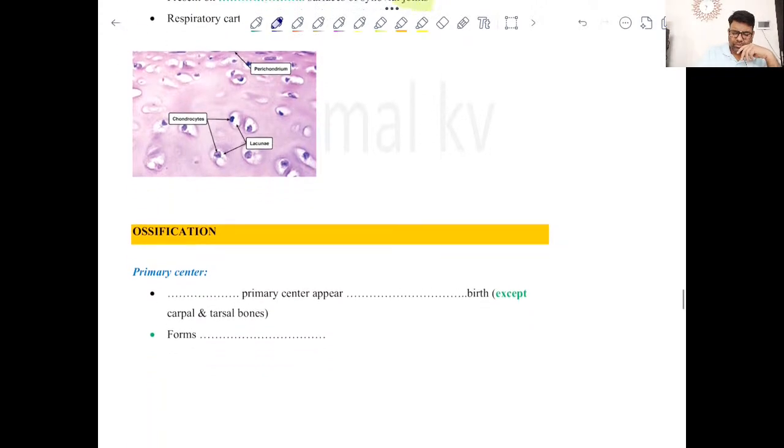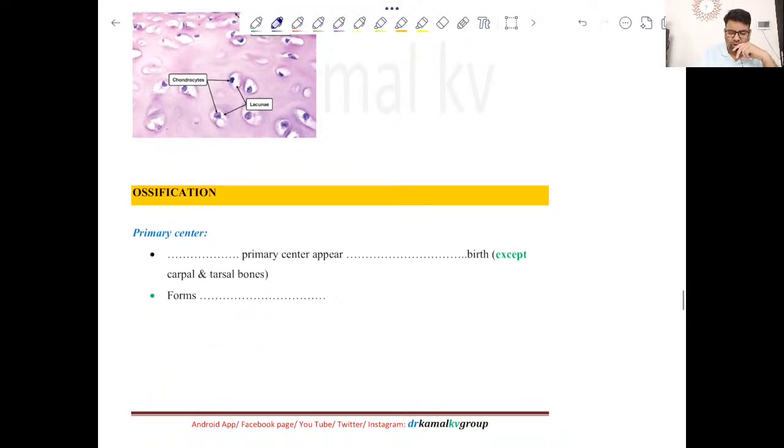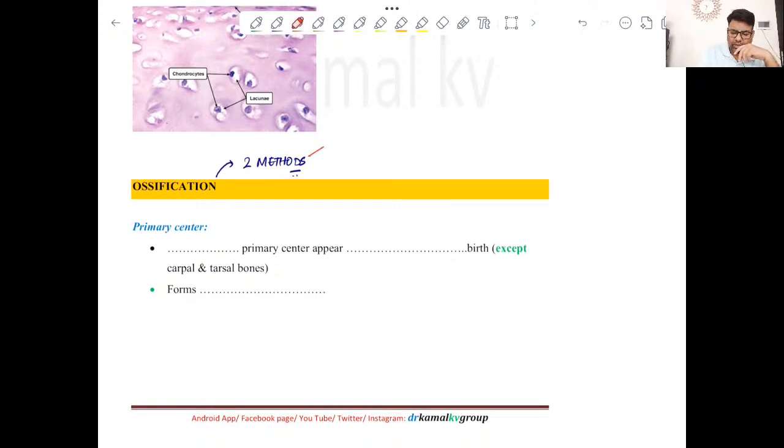Then we come to ossification. We have already discussed the two methods of ossification, right? One is the cartilaginous model, and the other one is, of course, the membranous model.